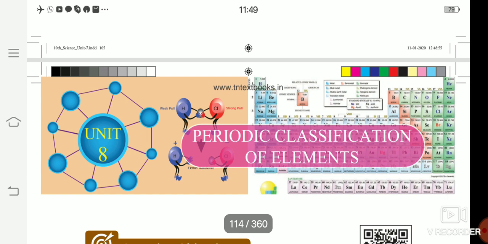They have very low reactivity, like gold and silver in pure state, but most of the elements are available in the combined state. For an example, aluminium is combined with oxide.